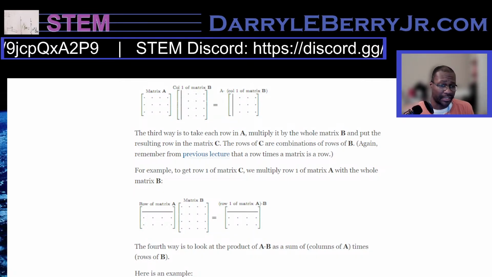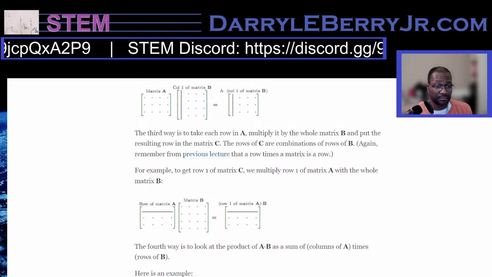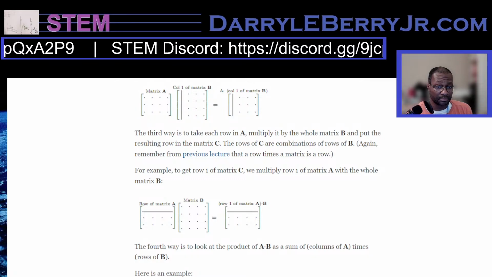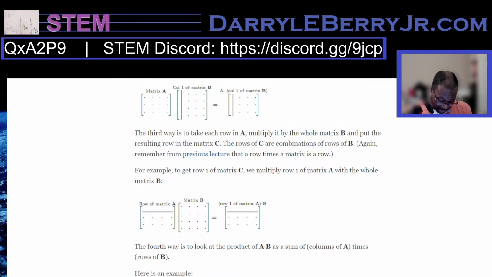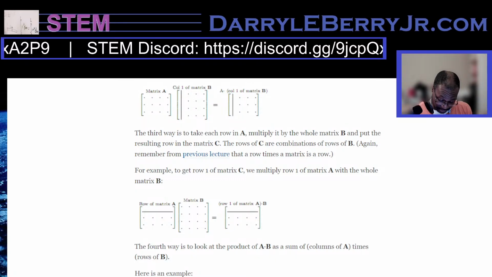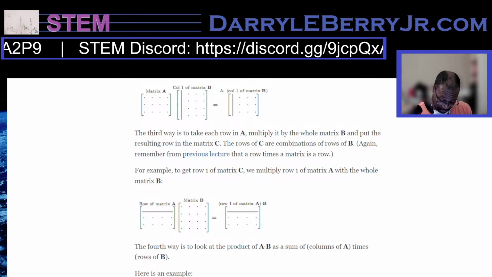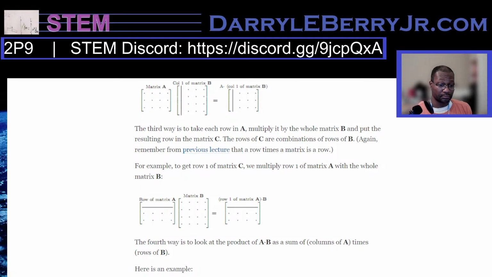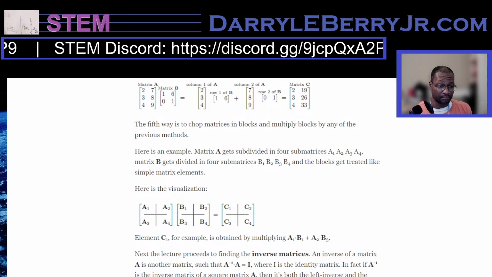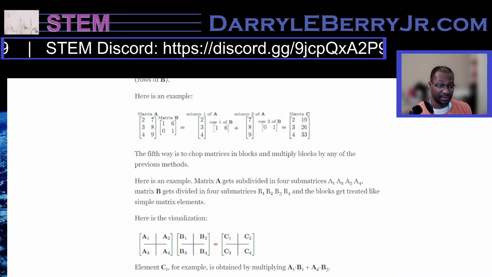This third one, though, I didn't see this one yet. A row times a matrix is a row. I don't even know if I want to try that one. And the fifth way says chop it into blocks.